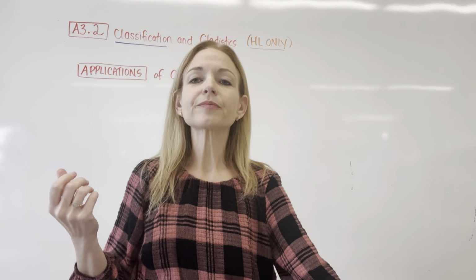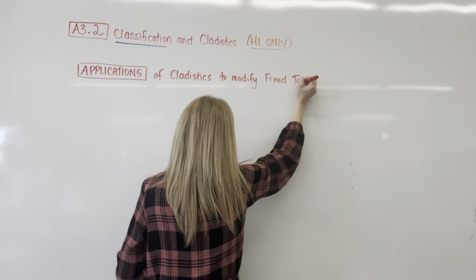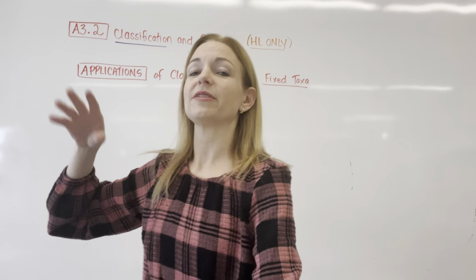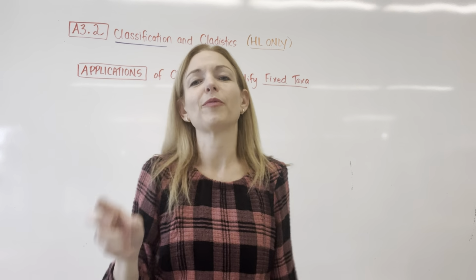So we're coming back to some ways that we've used cladistics to modify fixed taxa. We haven't necessarily just thrown fixed taxa out altogether. We do have a whole different way of looking at it, but we can also understand cladistics and improve fixed taxa as a system as well.